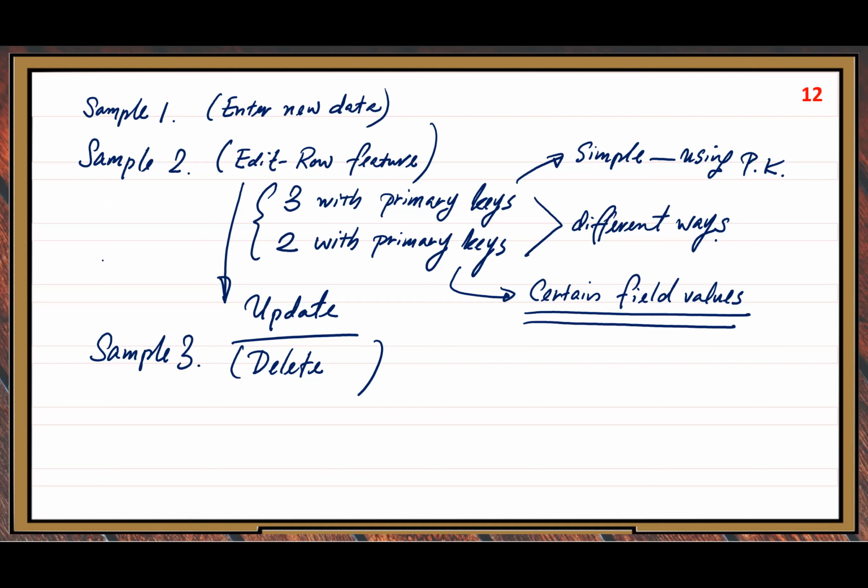Actually, the hardest part is sample 2. With sample 2, you probably do not need me to give you sample 3, because you can do the deletion the same way as in sample 2. Just change your query statement a little bit from update to deletion. So that will be very simple.